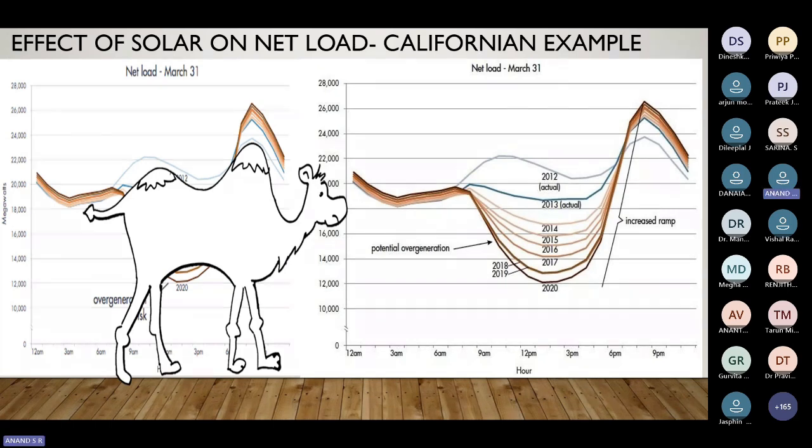At the international level, it is a very typical discussion. Our load curve in the normal period is something like this one. Without renewable sources, it could be something like this one, where it can be approximated as a camel shape with a small hump, a small morning peak, and a big evening peak.